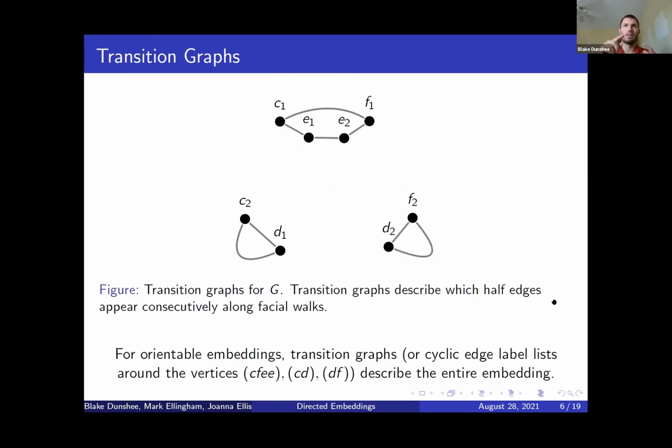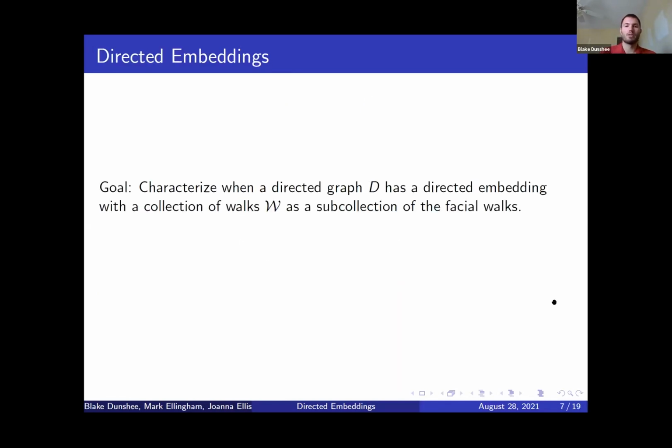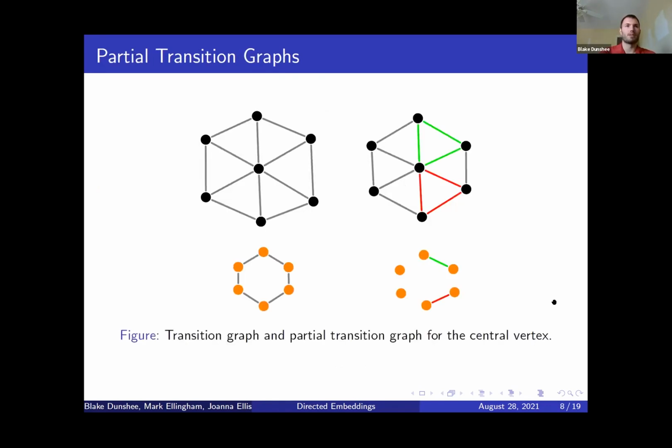So again, the transition graphs tell us which edges are next to each other, which ones appear consecutively around facial walks. So if we fix some walks to be facial walks, then in a very natural sense, this tells us parts of what the transition graphs look like.